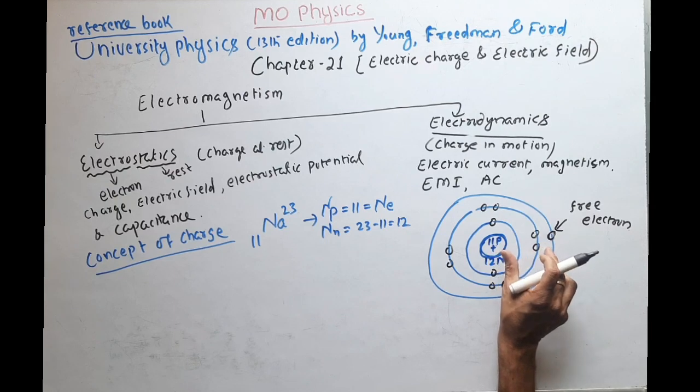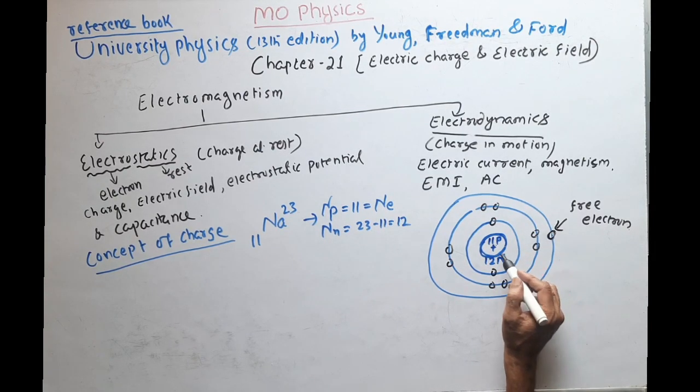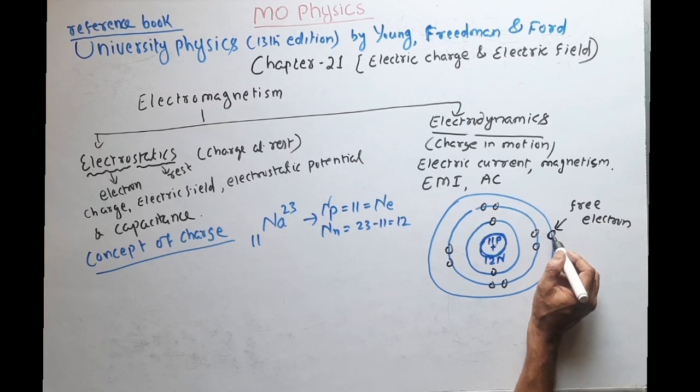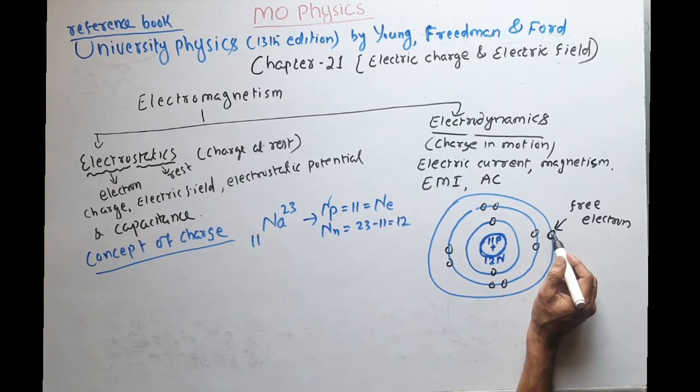What is the relation? We will discuss it in Coulomb's law: the force of attraction or repulsion is inversely proportional to the square of the distance. Now see, the outermost electron is loosely bound by the nucleus, which means this electron is very unstable.